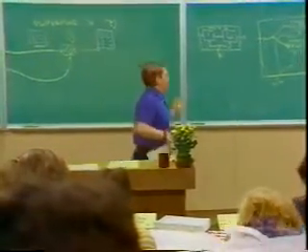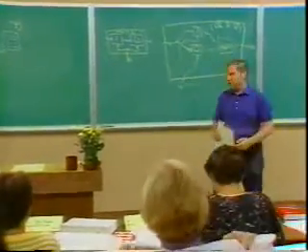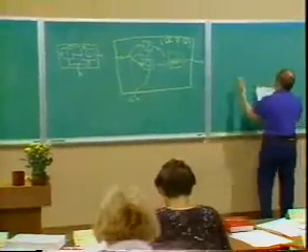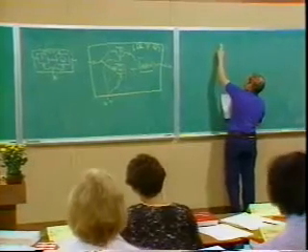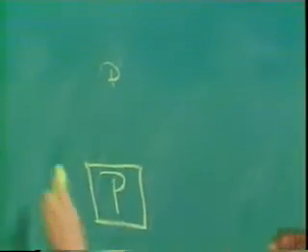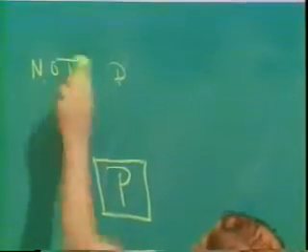What's NOT works kind of the same way. If I have some query P, I take the primitive query for P. Here I'm going to implement NOT P, and NOT is just going to act as a filter.